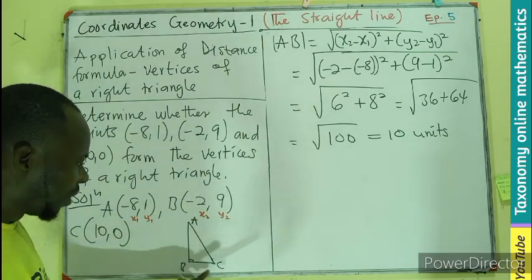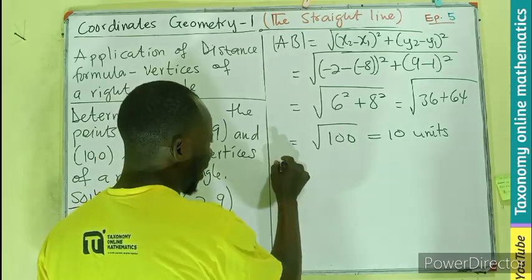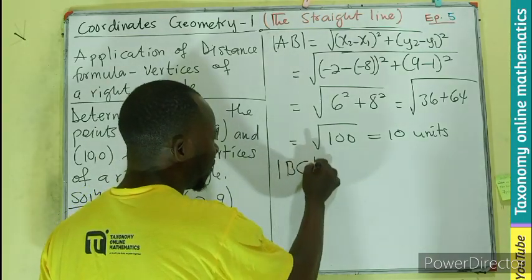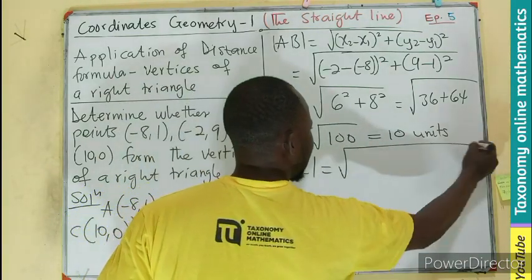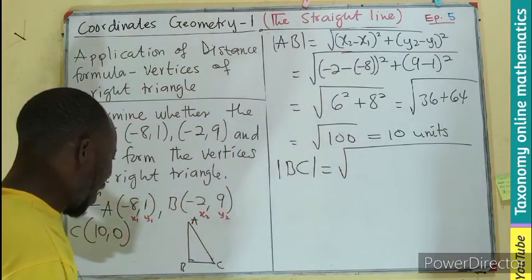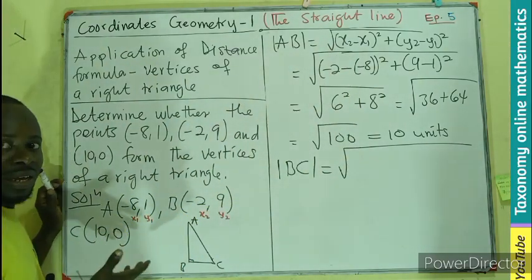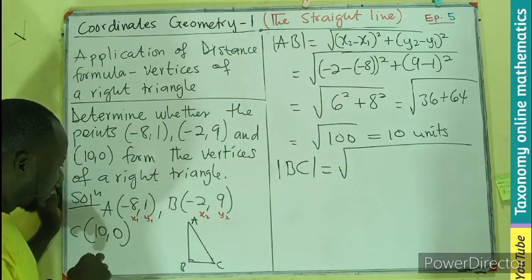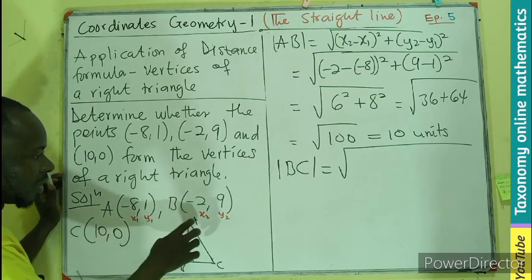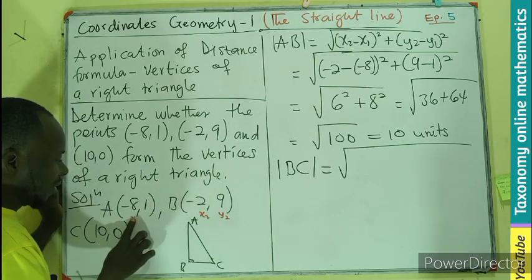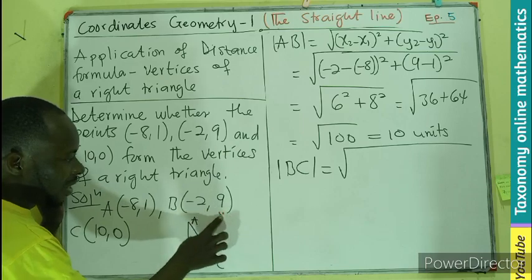Let's pick the length of BC following the same formula. I am going to now change the designation. So I don't need these names here.